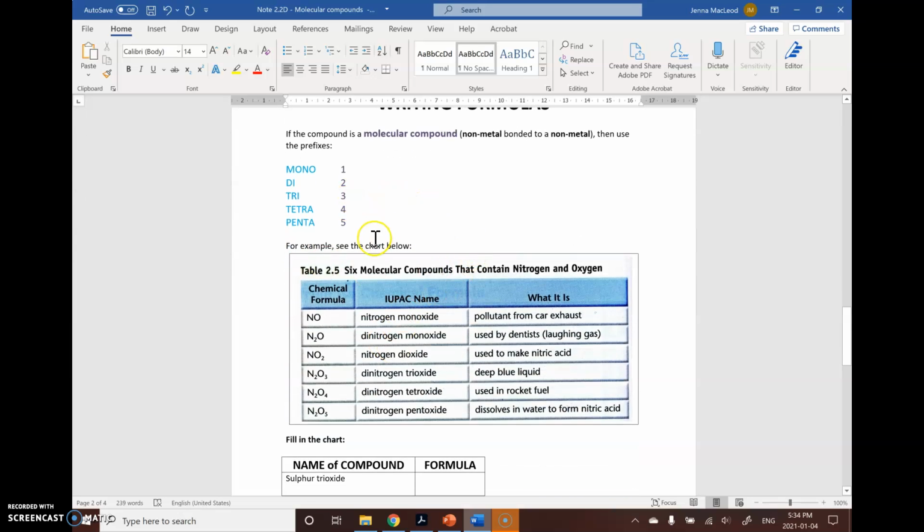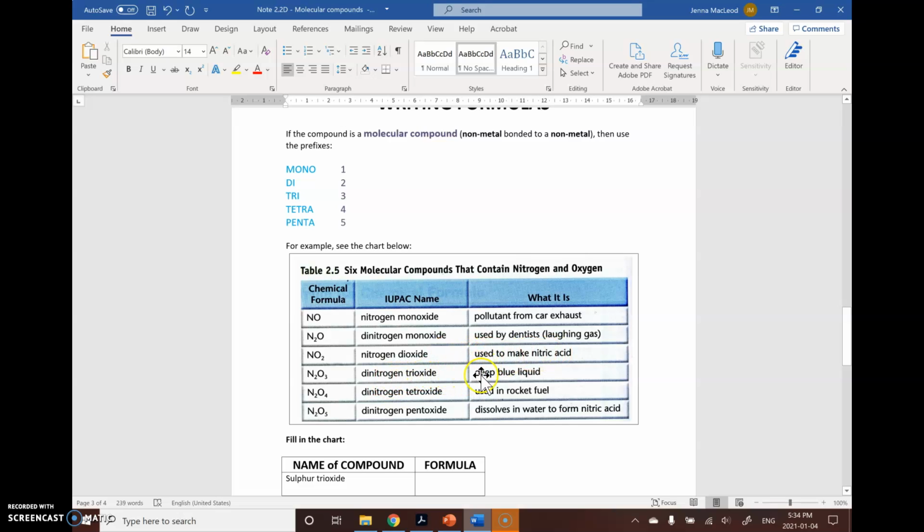Okay, so writing formulas. This is just exactly what we've done. You can take a look at a couple of the different molecular compounds. We have nitrogen monoxide, we have dinitrogen monoxide, and that's laughing gas. Nitrogen dioxide is used to make nitric acid.